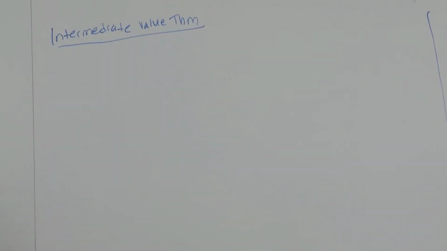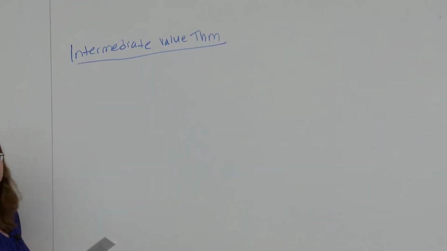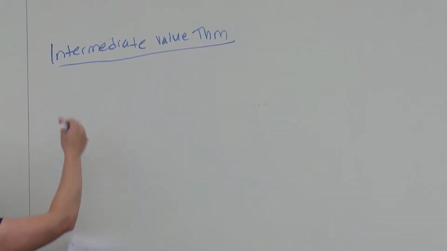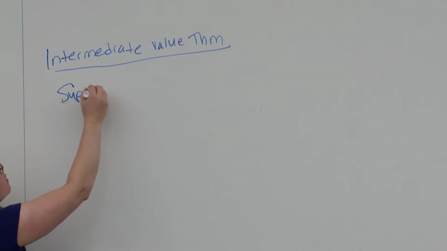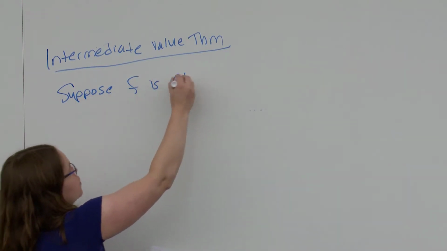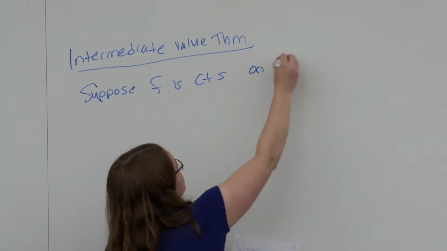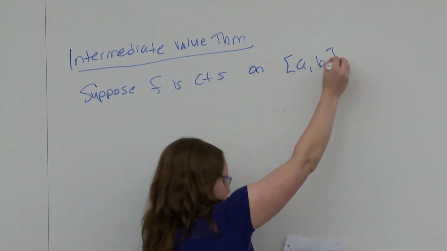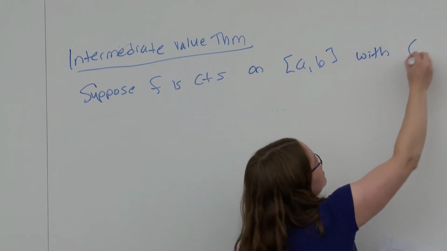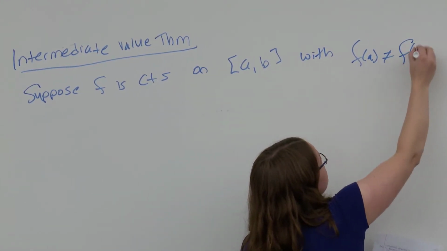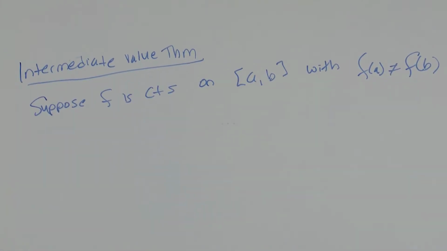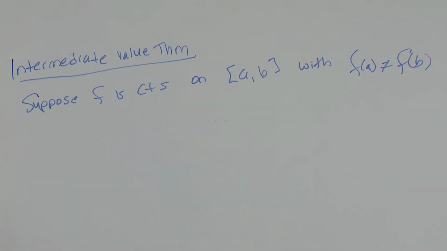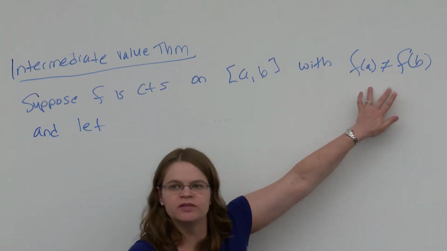Okay, so this says exactly what we just said, that a continuous function passes between all values between its endpoint values. So suppose f is continuous on an interval from a to b, with f of a not equal to f of b. And let's choose any number between these two values.